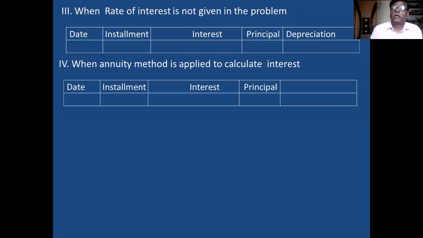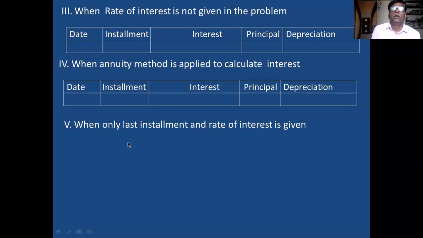Date, installment, interest, principal, and depreciation. On the basis of installment method, we calculate. Annuity method is very easy because they will give you the interest as per annuity table. As per annuity table, we calculate the interest and principal. There is no problem.